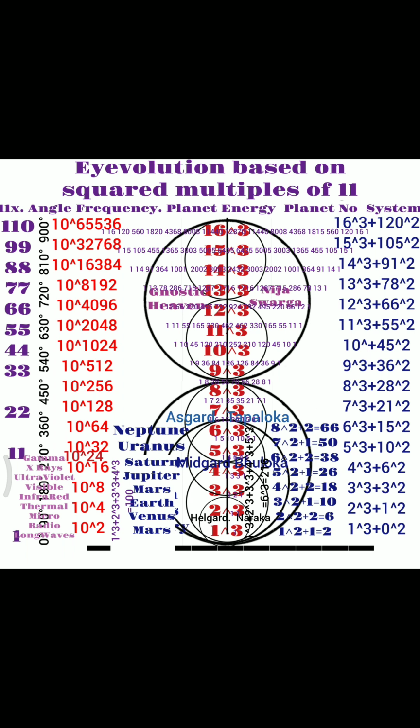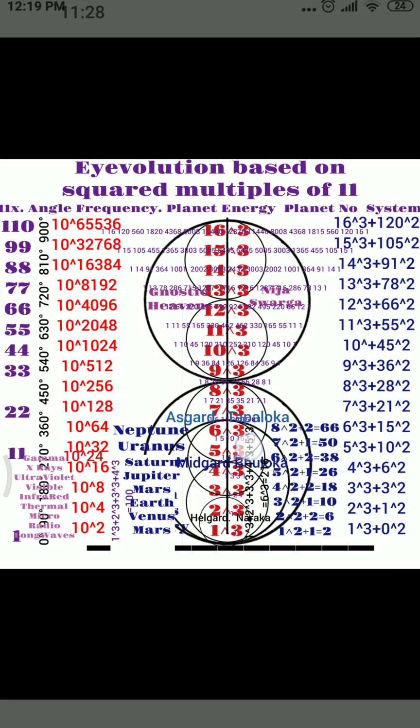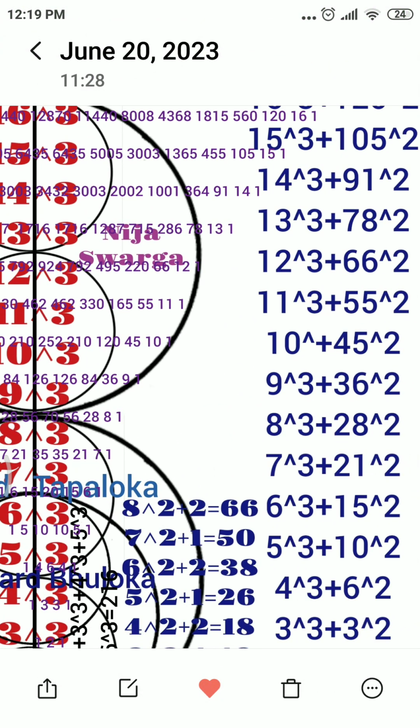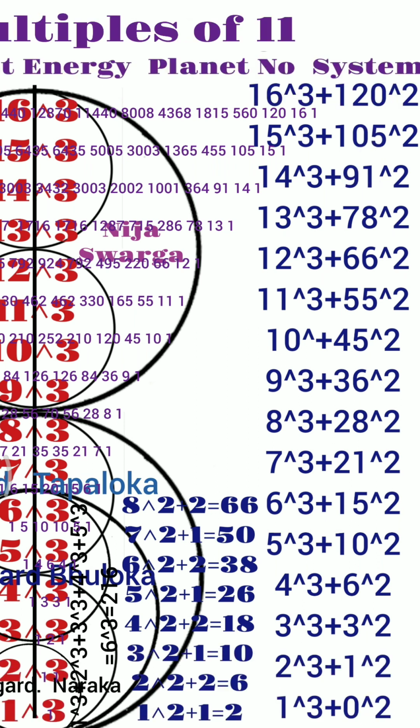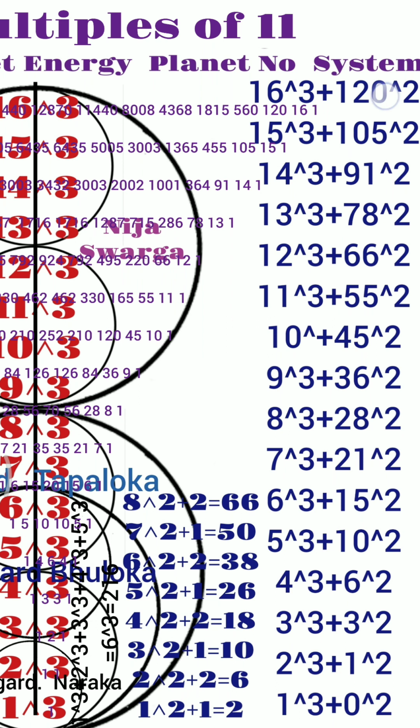So when we say 11, let us look at the corresponding square. 11 square will be somewhere here, 22 square will be here, 33 square will be here, 44 square is just below this, 55 square is exactly here, 66 square is exactly here, 77 is just below this, 88 is just below this, and 99 is below this, 110 is below this.